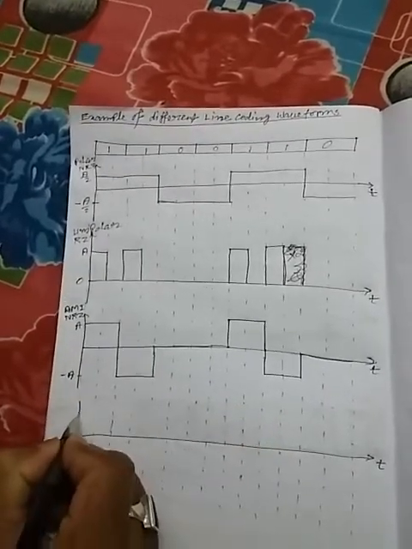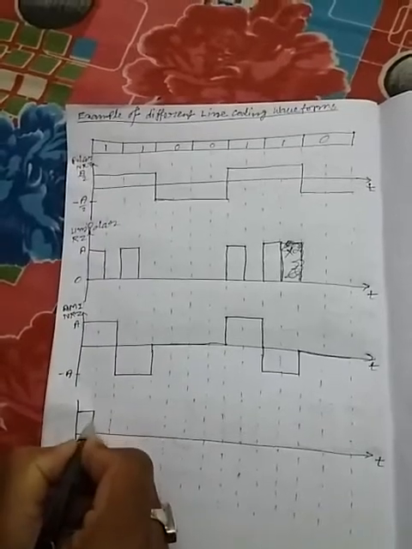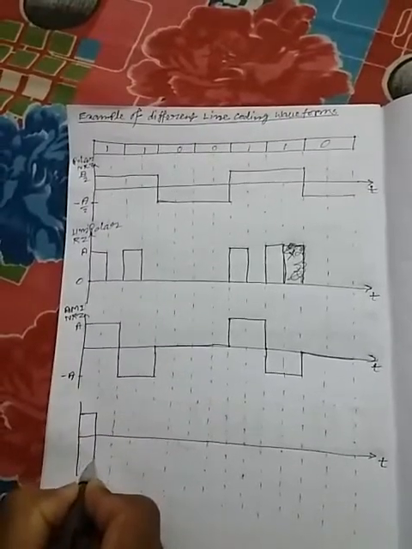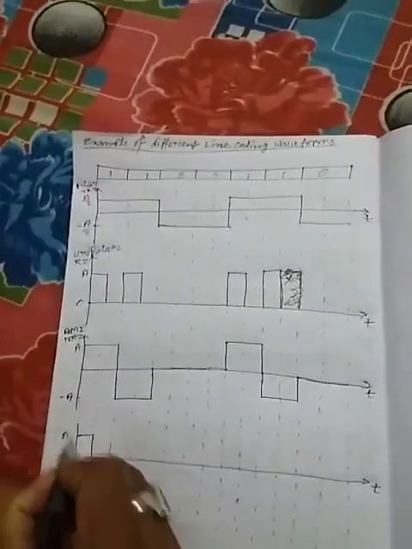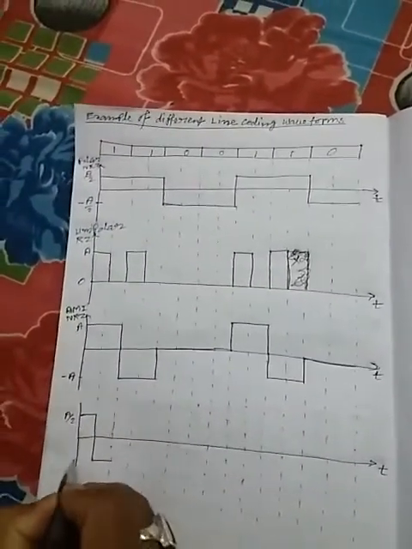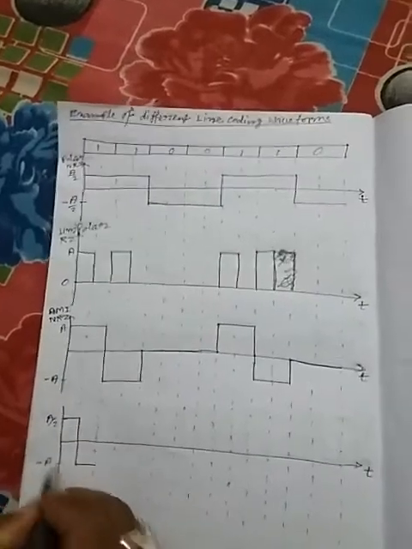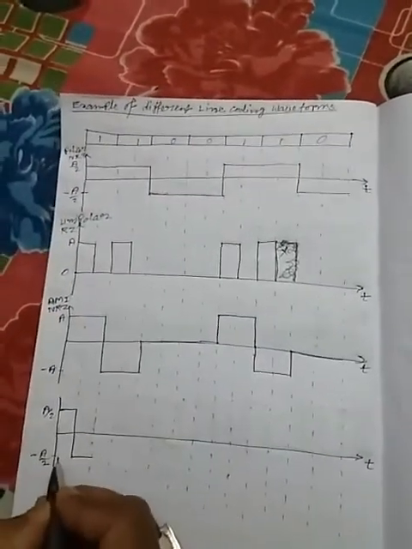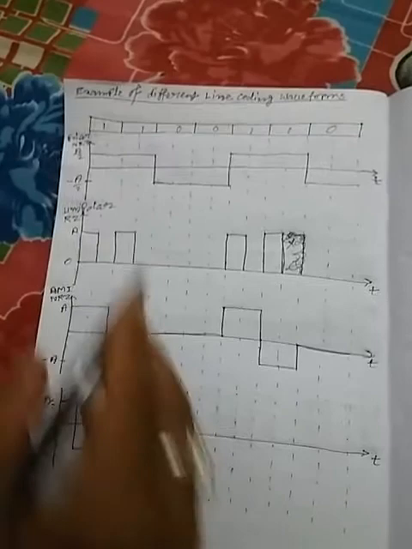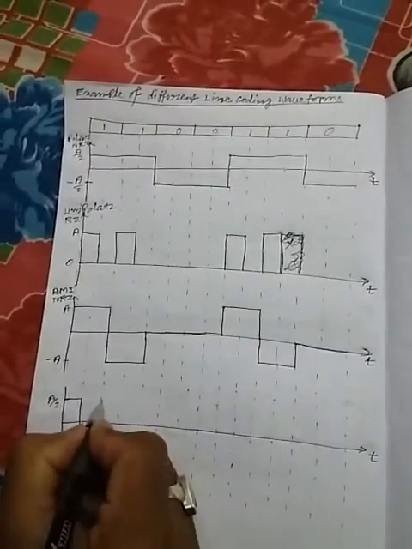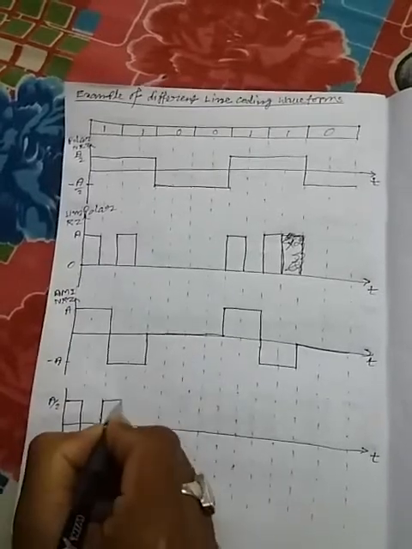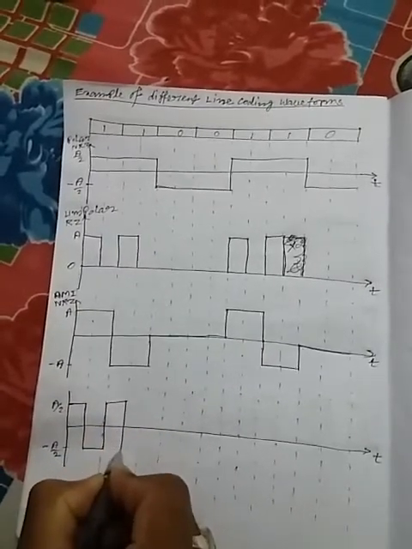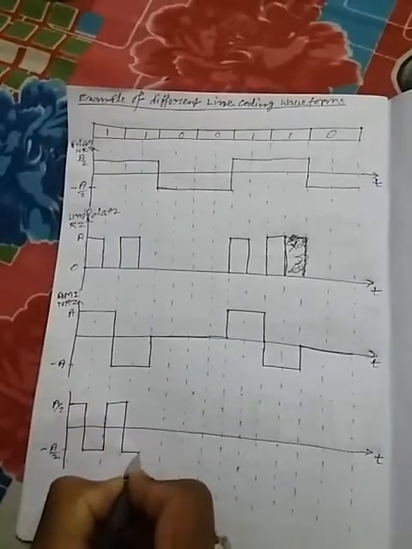So here we start from plus A by 2 to minus A by 2 because the bit is 1. Now in the next bit the same thing is repeated: in the first half positive A by 2 and then negative A by 2.